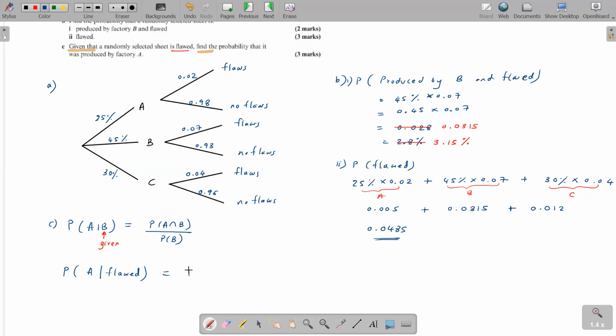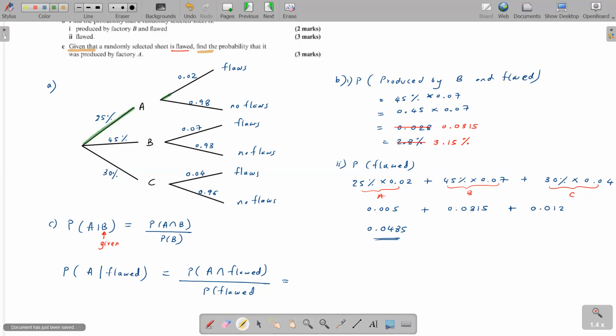So how do you open this? Probability of A and flawed. A intersection flawed means produced by factory A and it's flawed, divided by the probability of flawed. You guys with me? Okay, so that's exactly how you open this. The probability of A and flawed is the probability of being flawed and being produced by factory A. As you should see, it's this branch, right?